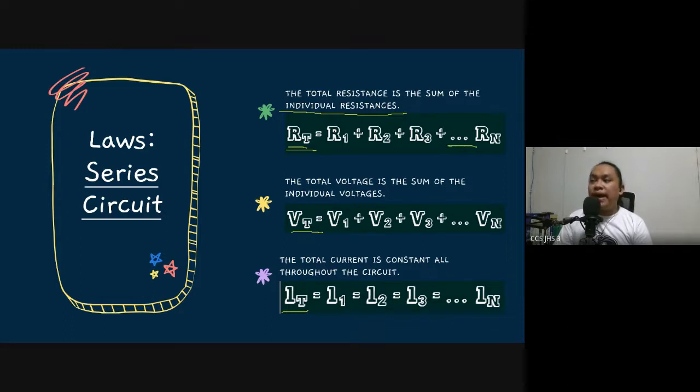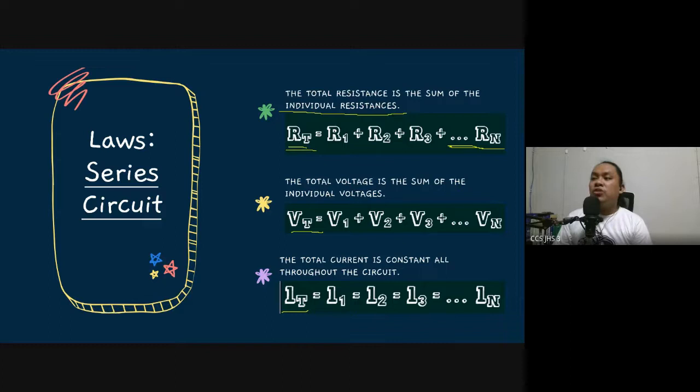The R sub n here tells you it can change depending on how many loads are connected to your circuit. In case you have 5 loads, your formula continues: R sub 3 plus R sub 4 plus R sub 5. So that is what we mean by R sub n. To get the value of our total resistance, all we need to do is add up the individual resistances in our series circuit.